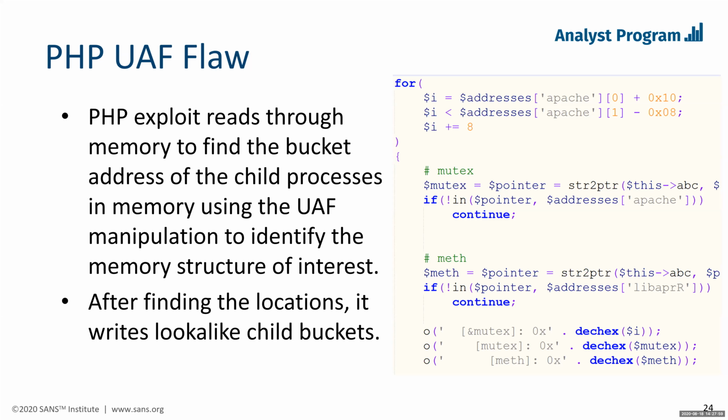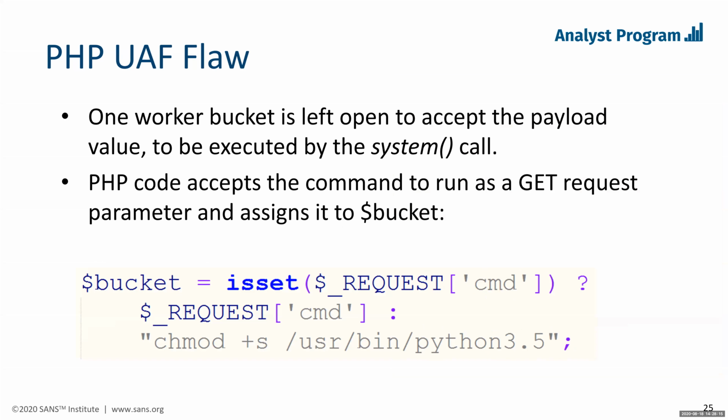It is going to create a payload. The payload is constructed via several parts that it needs to assemble in order to be able to write the correct memory structures for this to execute successfully. This will then spew all these different child worker buckets into the heap, but it's actually going to leave one specific bucket open right at the very beginning in order to be able to write the payload value.